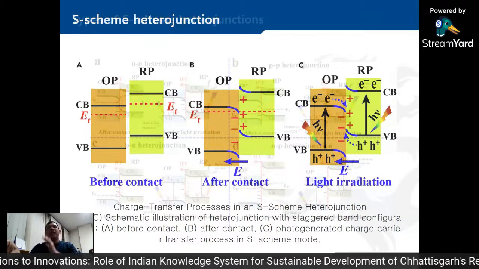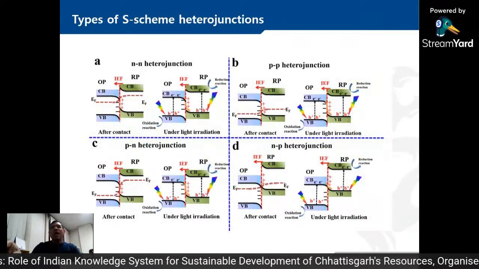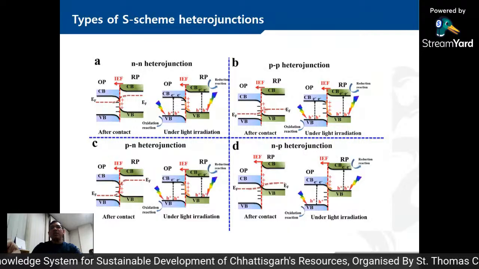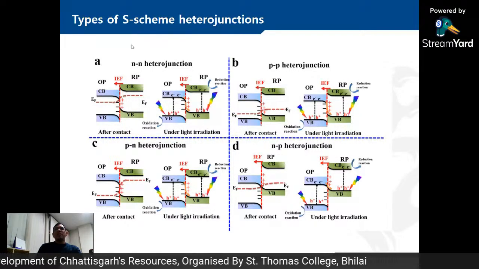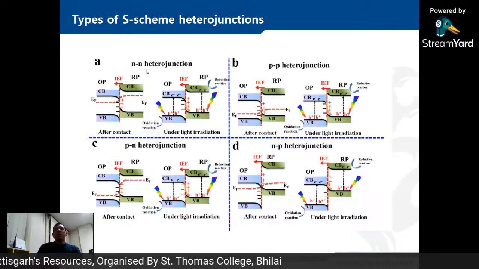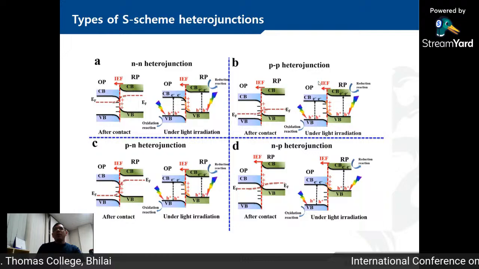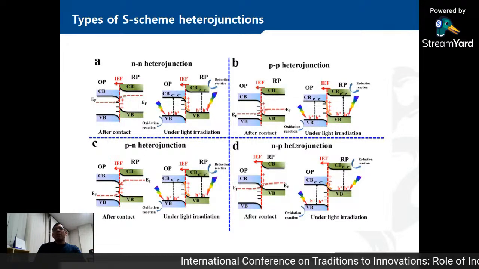Since there is a lack of time, I just skip a lot of the process. These are the types of S schemes we can produce: either NN type heterojunctions between two semiconductors, or PP heterojunctions, or PN heterojunctions, or NP heterojunctions.